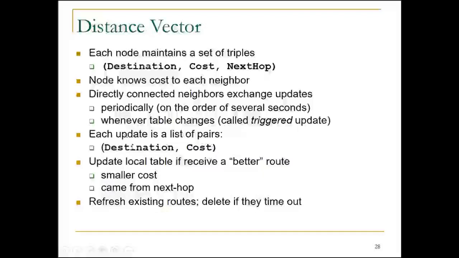Usually each update is just a list of pairs, destination and cost, because the assumption is your next hops are probably going to be the same. It's only when your link state changes that we need to update the destination and the cost.